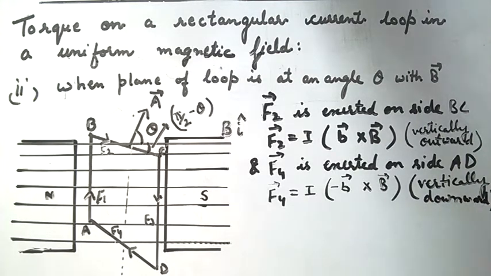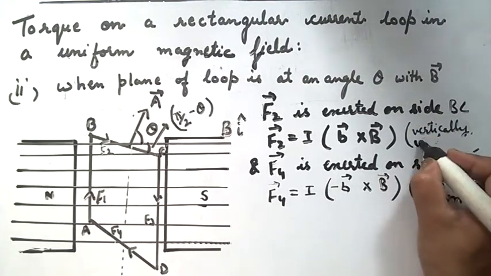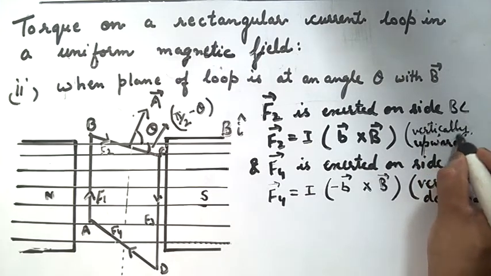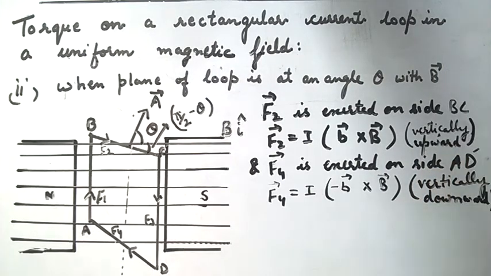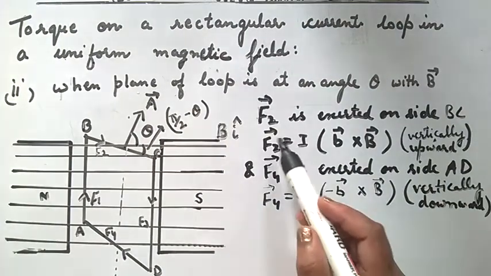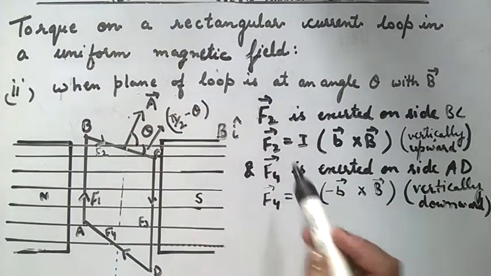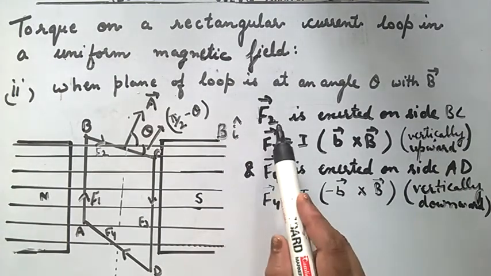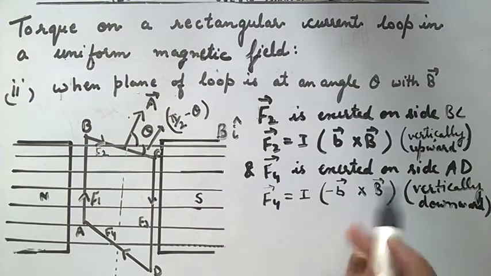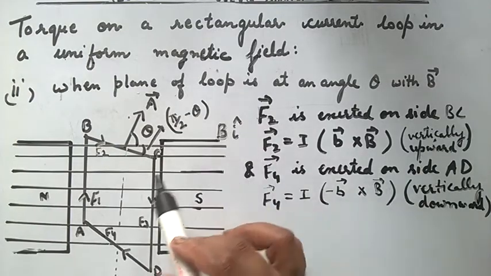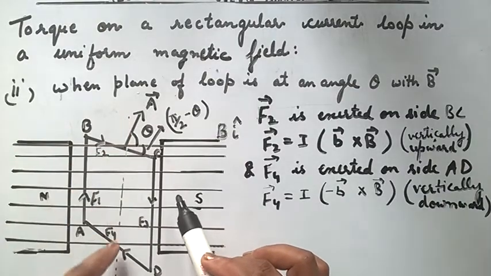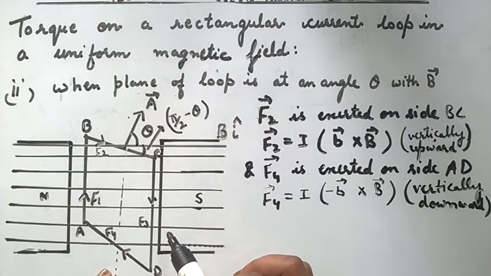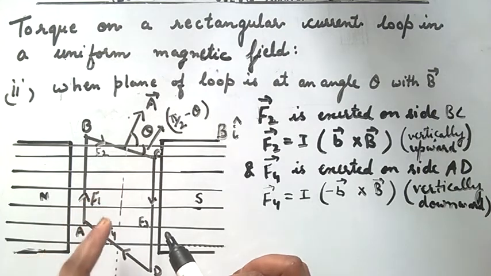Now these forces F2 and F4 will not create any net force or torque on the coil because they are equal in magnitude as well as opposite in direction, and they act along the same line of action, that is the vertical y-axis. Thus these forces are collinear forces, and collinear forces will not create any torque on the coil.